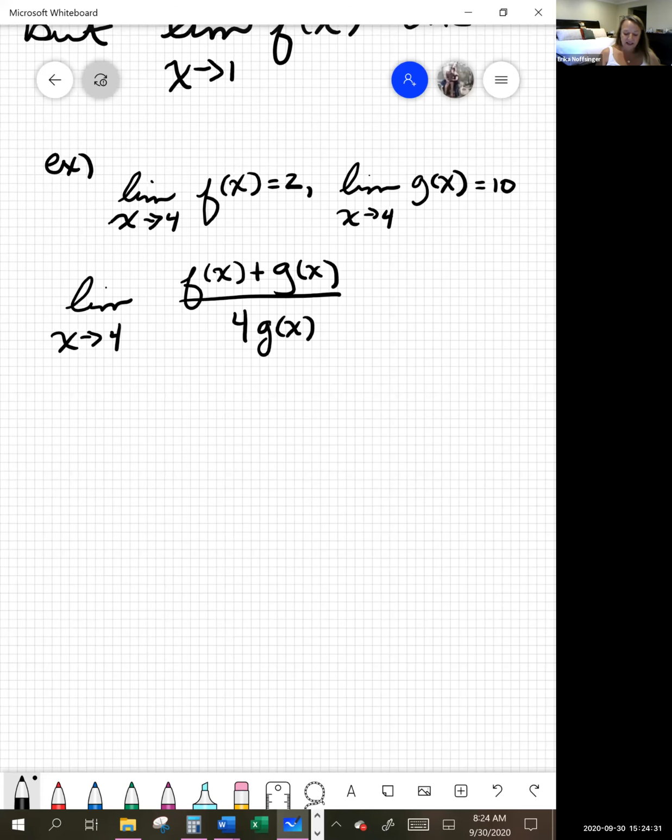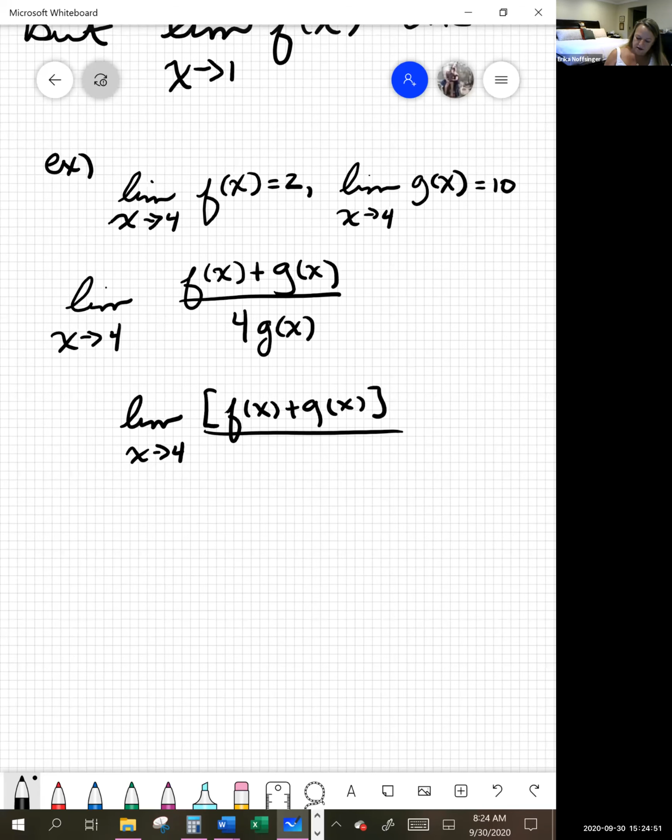So technically, we're using the rule of limits that if we have a limit of a rational function, we can take the limit of the numerator and the limit of the denominator. I'm just going to write this out showing the steps, but these are the reasons why we can do this. You can probably show this without going through all these steps. So we have the limit of the numerator all over the limit of the denominator.